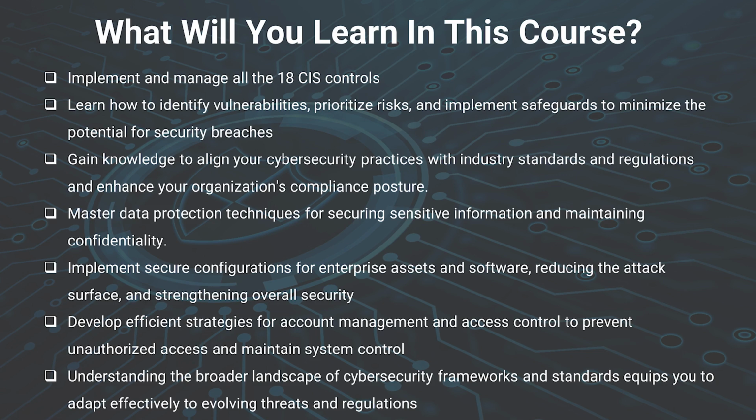You're going to learn how to identify vulnerabilities and prioritize risks. You're going to hear me talk a lot about risks, and this is important. Our job as cybersecurity professionals is to always manage risks, never to end risks, because there is no zero risk. No company, even the biggest company out there, can end risk.